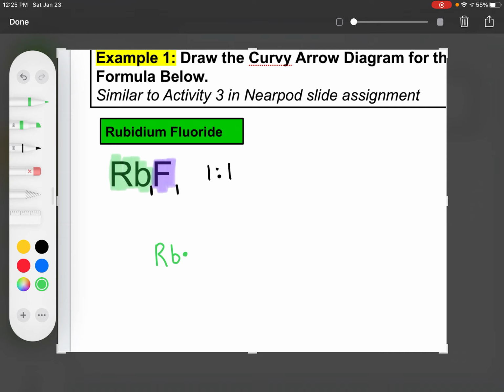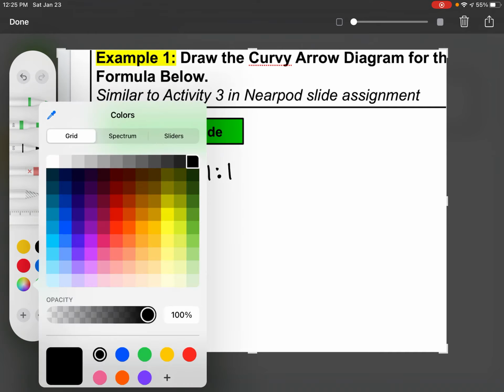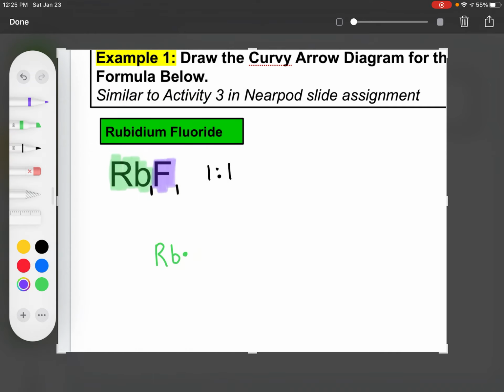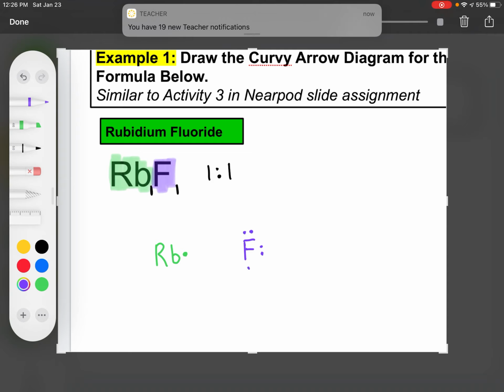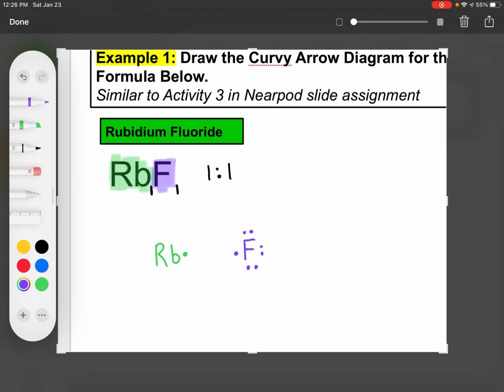It's going to have 1 valence electron, and fluorine is in our tall group column 7, so it's going to have 7 valence electrons. I'm going to draw those here, and that's 1, 2, 3, 4, 5, 6, and 7. I'm going to draw an arrow showing that transfer of electron, and I'm going to put it right here.